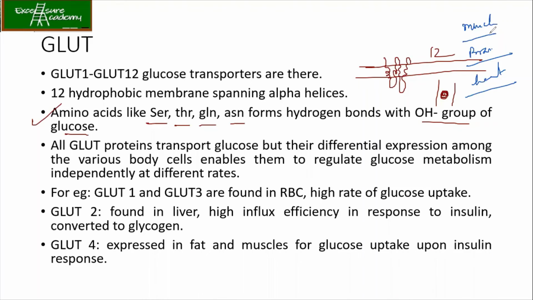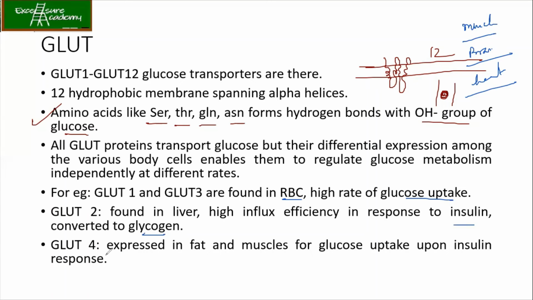So this requirement varies for each body part, and that's why there is a differential expression. Okay, for example, GLUT1 and 3 are found in RBC, where you have got the high rate of glucose uptake. Then GLUT2 is found in liver, high influx efficiency in response to insulin, which is converted to glycogen.